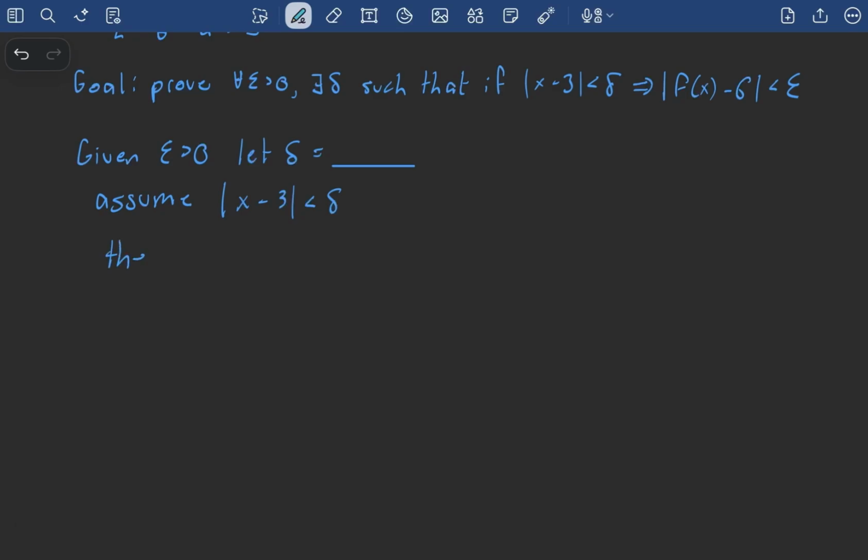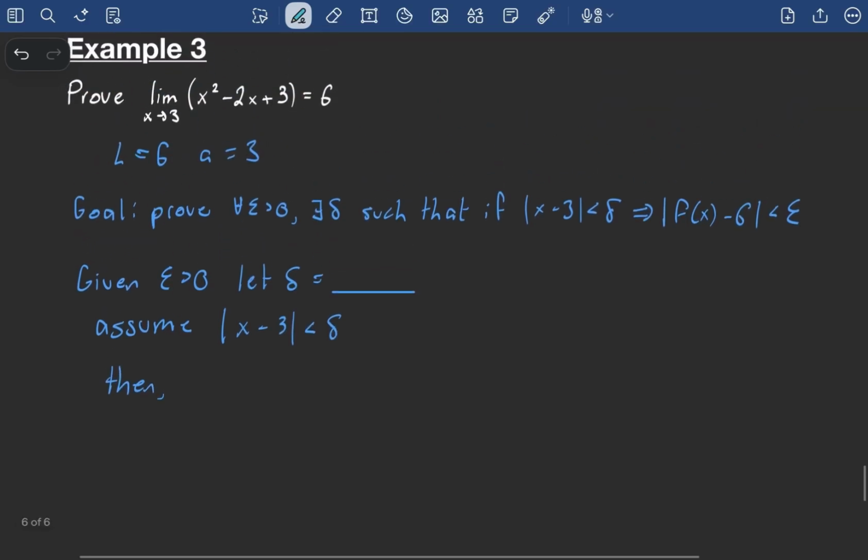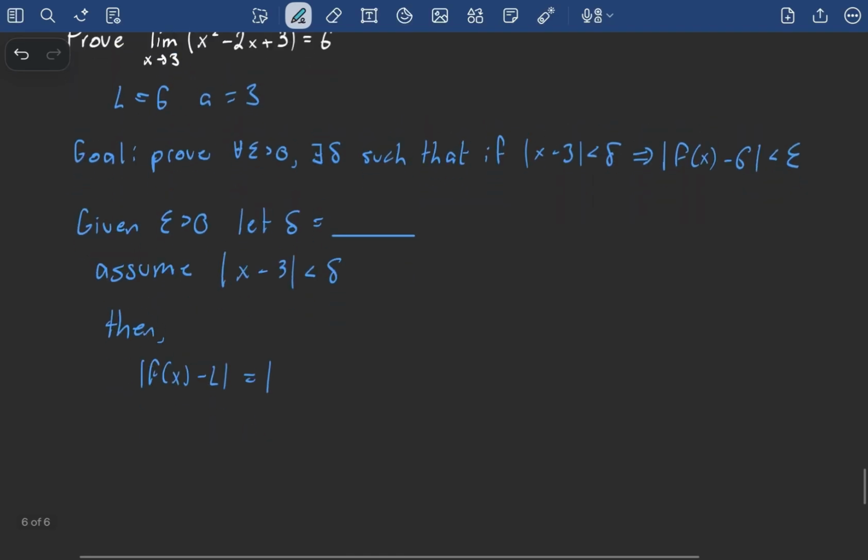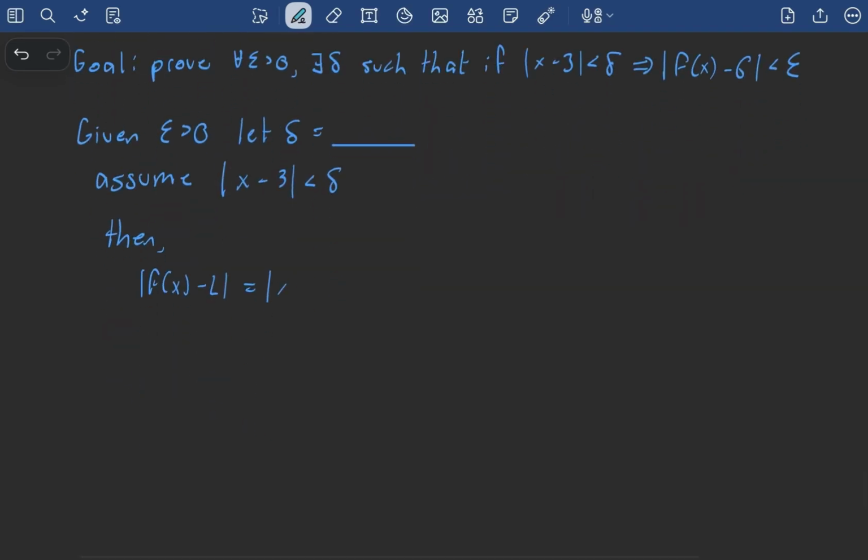Then, let's take a look at our condition. We need the absolute value of f(x) - L, that is equal to f(x), which is x squared - 2x + 3, minus 6, because L is 6.